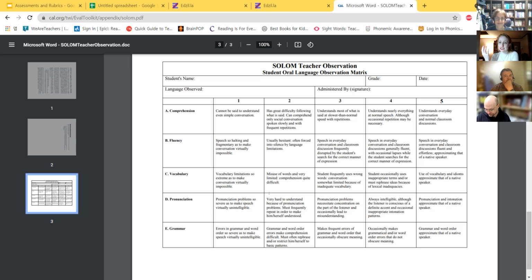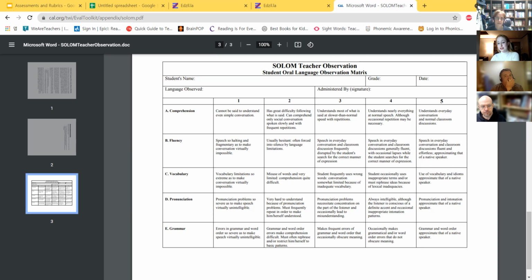Generally, as a student is speaking, as you're assessing a video or a performance, you can mark this pretty organically and keep it to see how they improve over time. It's pretty flexible and fluid. If you're interested in SOLOM, you can just put it into Google and download these charts.